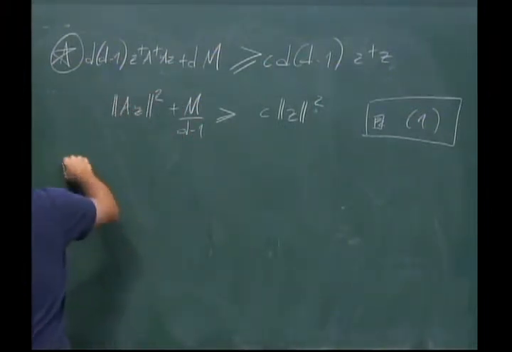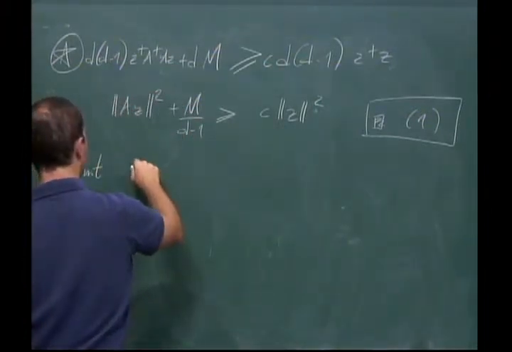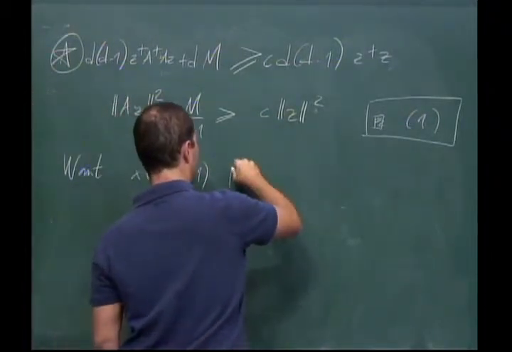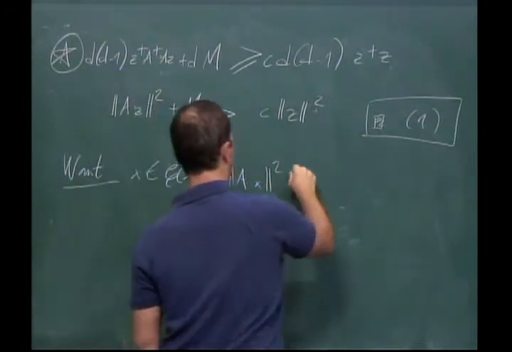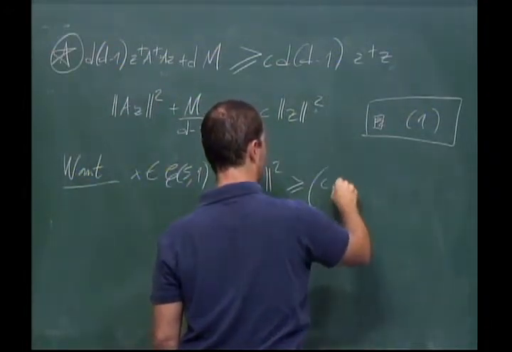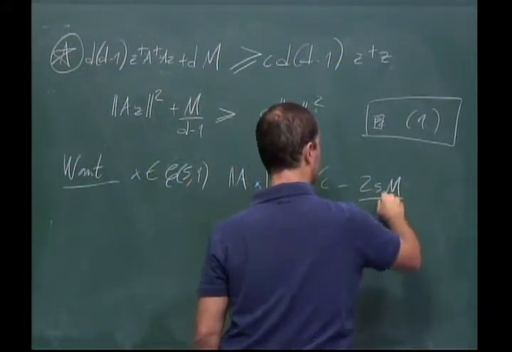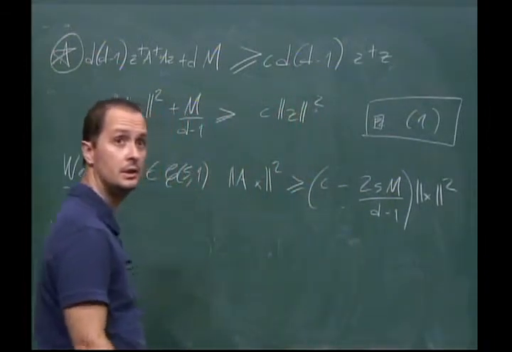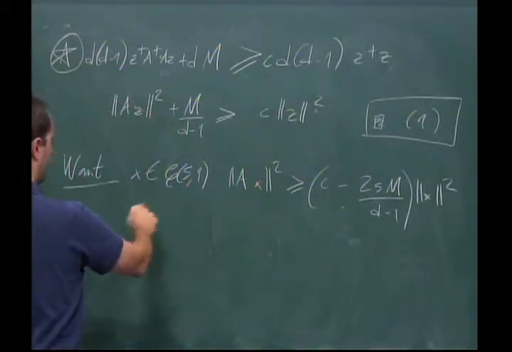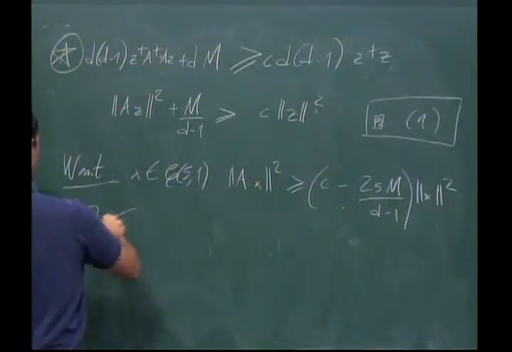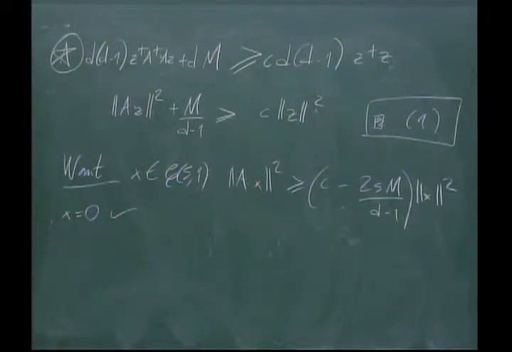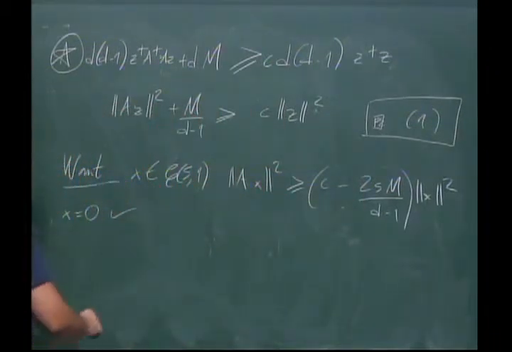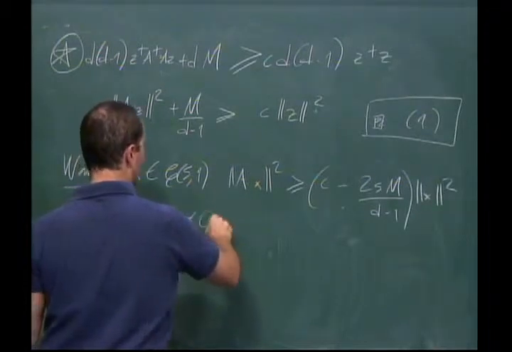So now we want to prove that for x belonging to CS1, the norm of Ax squared, which is the original goal, is greater than C minus 2SM over D minus 1 times the norm of x squared. So if x is 0, this is okay, because 0 is greater than or equal to 0. So let's assume that x is different from 0.